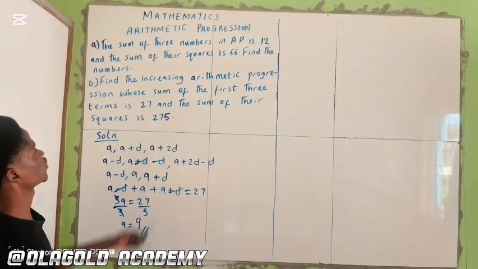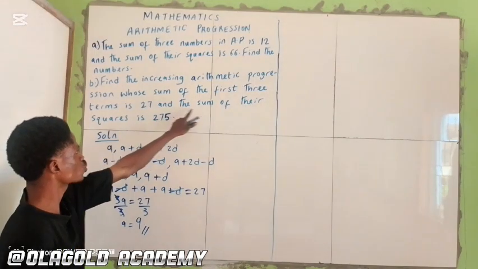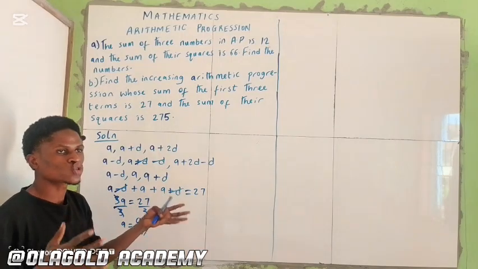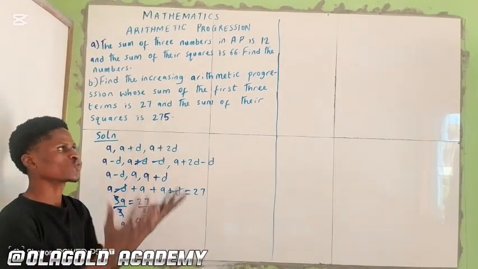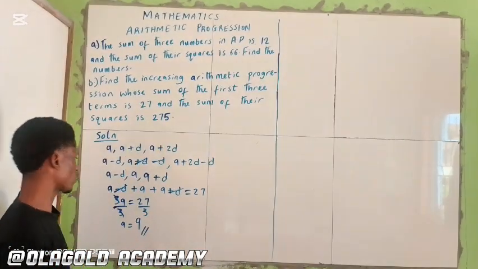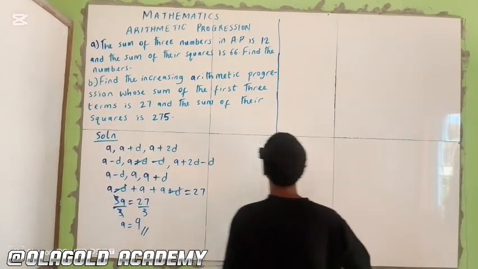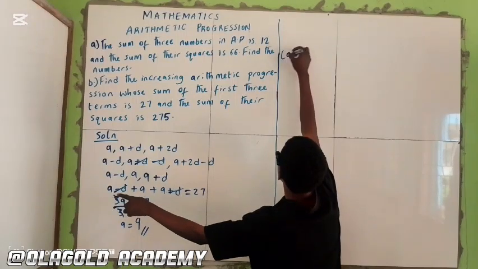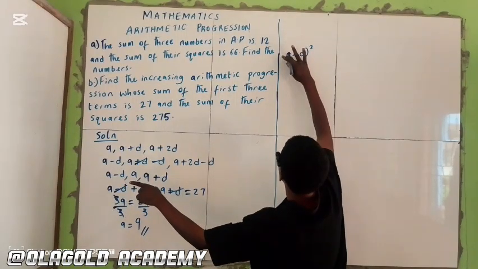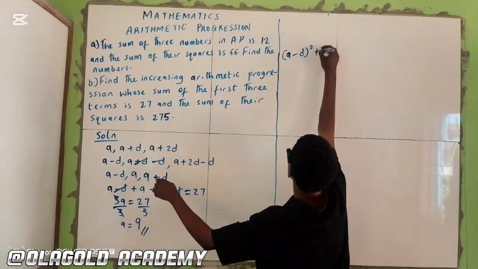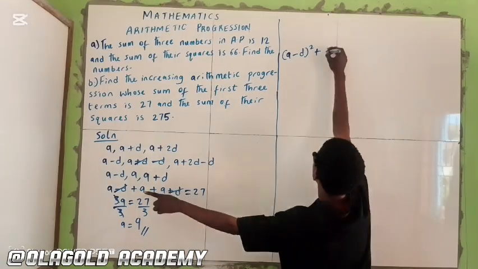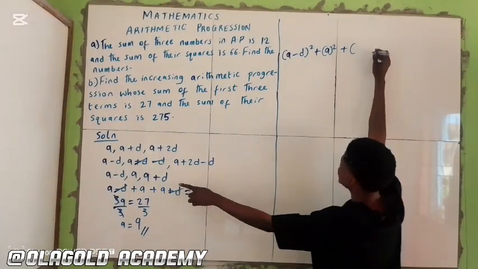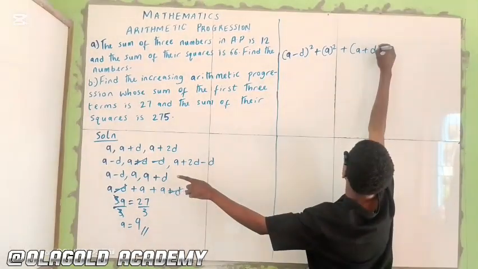Alright. We are told again that the sum of their squares is 275. Meaning that if we sum their squares together, we are going to get 275. Alright. So we have the first term, A minus D squared, plus the second term, which is A squared, plus the third term, which is A plus D squared.